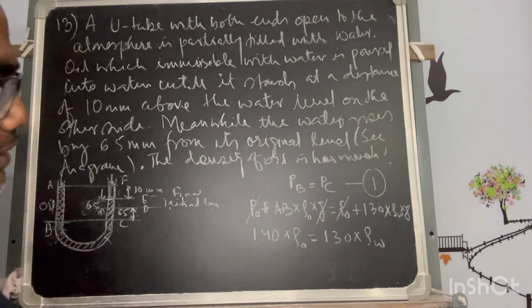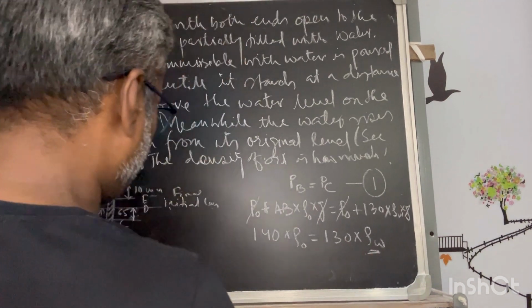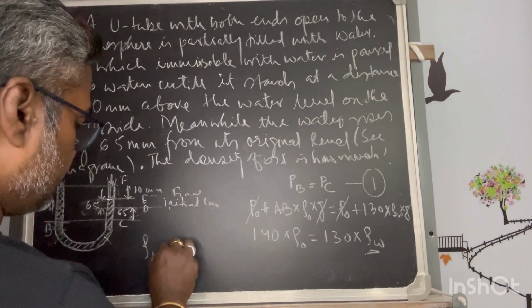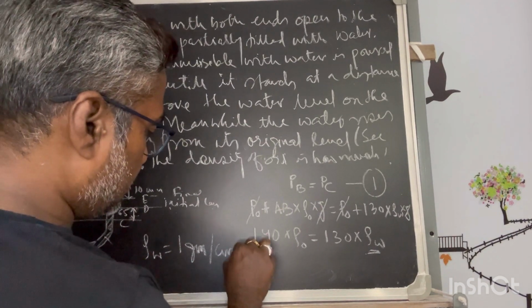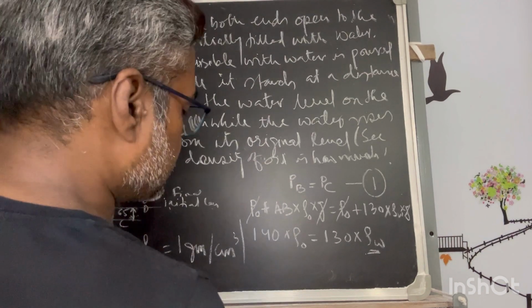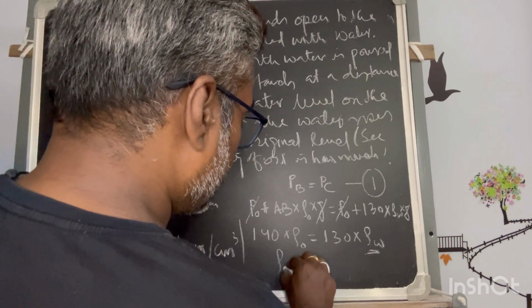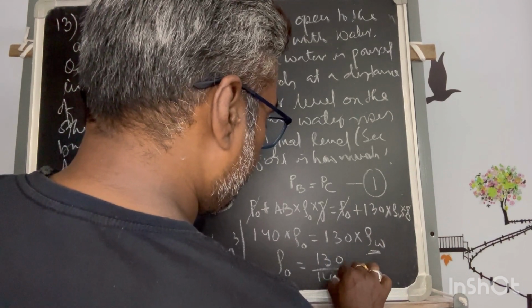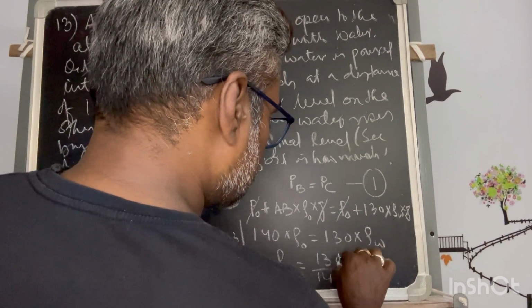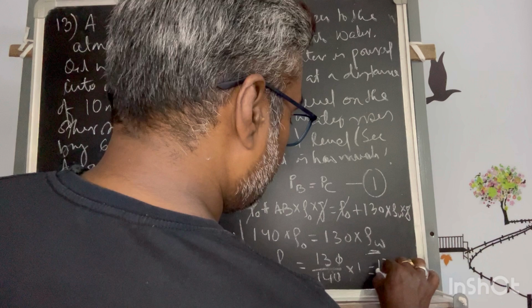So if I consider density of water to be 1 gram per centimeter cube, that is the standard one. So rho of oil is 130 by 140 into 1. That means 13 upon 14.